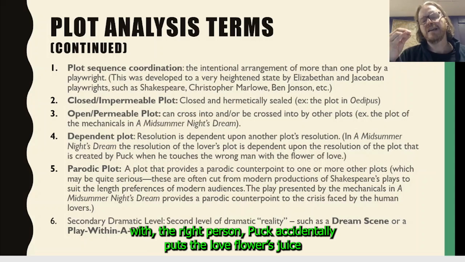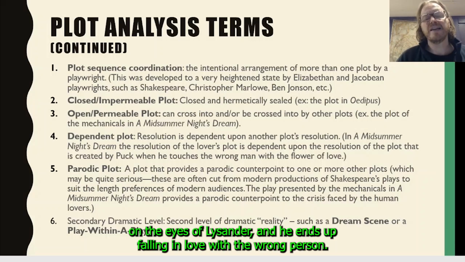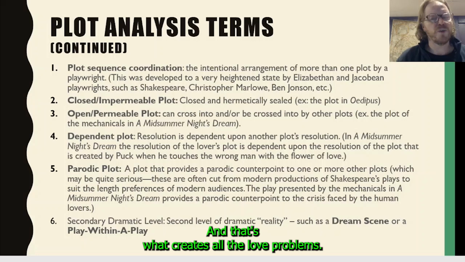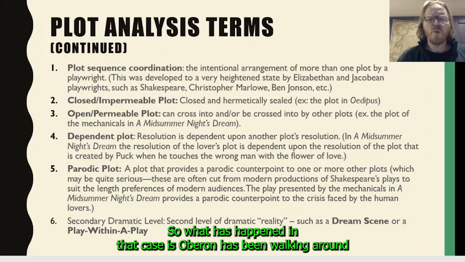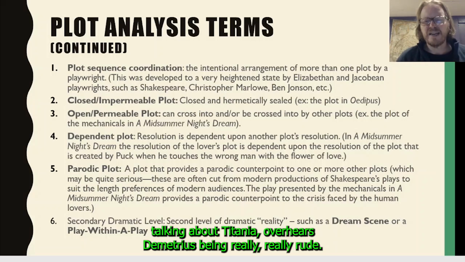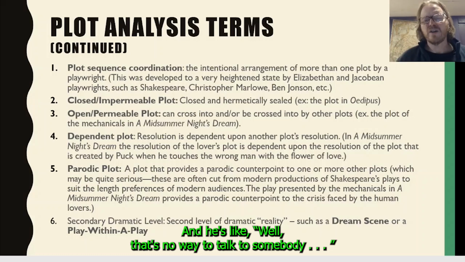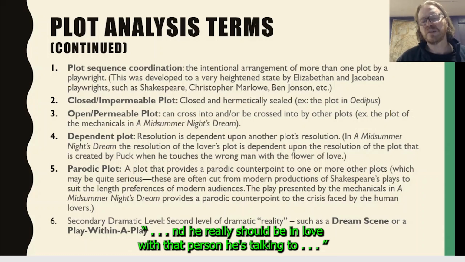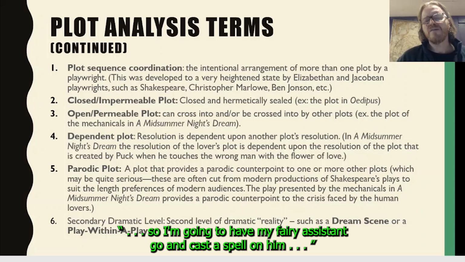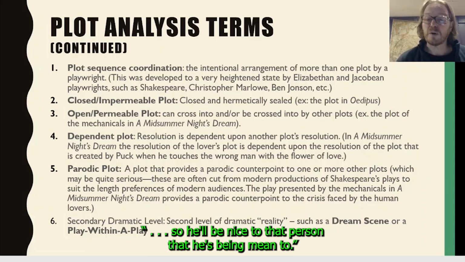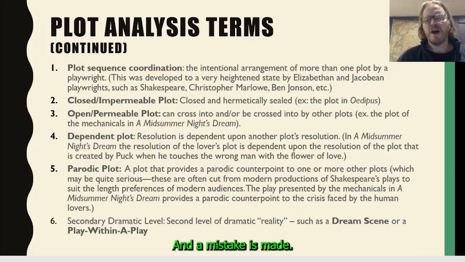Puck accidentally puts the love flower's juice on the eyes of Lysander, and he ends up falling in love with the wrong person, and that's what creates all the love problems. Oberon, walking around talking about Titania, overhears Demetrius being really rude, and he says, well, that's no way to talk to somebody, and he really should be in love with that person he's talking to, so I'm going to have my fairy assistant cast a spell on him so he'll be nice to that person he's being mean to, and a mistake is made.